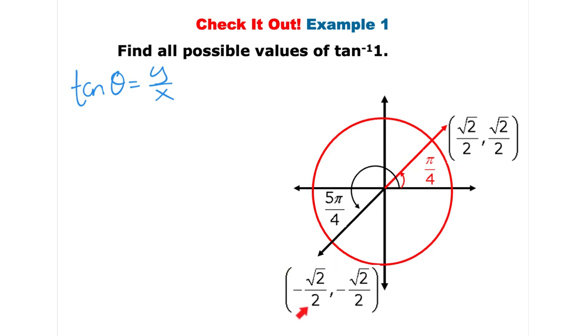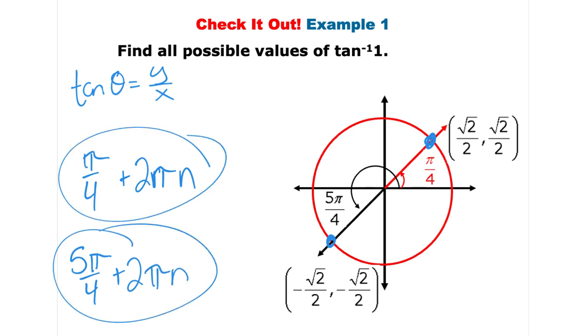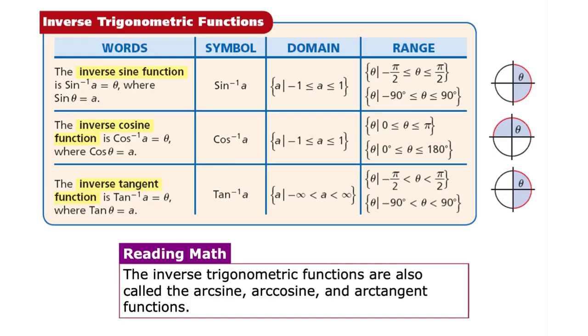And then over here in quadrant 3, negative divided by negative would give us a tangent of 1. So this angle, pi over 4, and the other angle that matches it, 5 pi over 4. Same thing, we have to add on 2 pi as many times as we want to both of these, because as we go around that circle, every time we land there, we're going to have a tangent of 1.